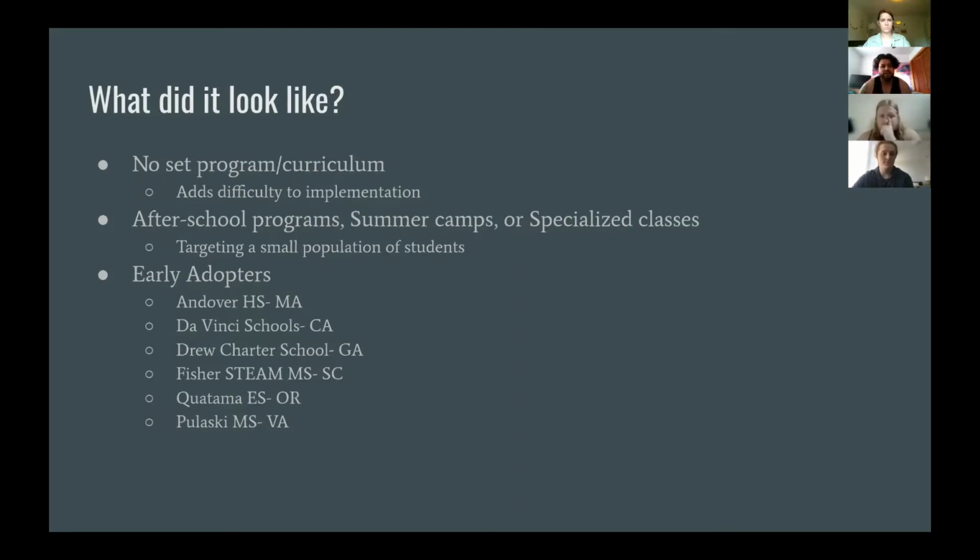So schools began asking themselves, how can they get all their students behind this program? The early adopters were Andover High School in Massachusetts, Da Vinci Schools in California, Drew Charter School in Georgia, Fisher STEAM Middle School in South Carolina, Kwatama Elementary School in Oregon, and Pulaski Middle School in Virginia.